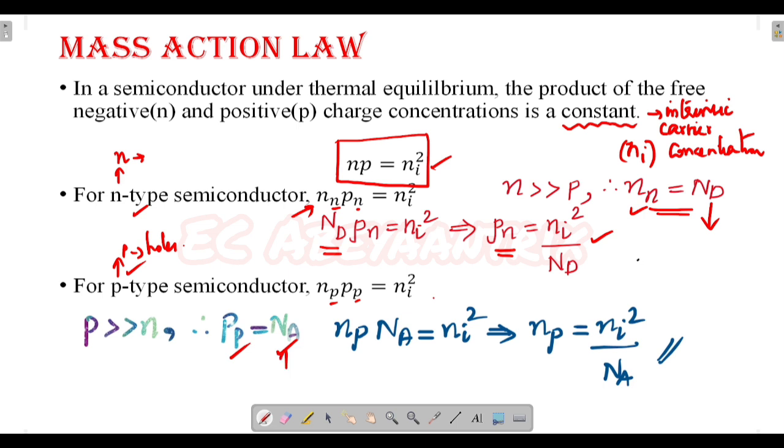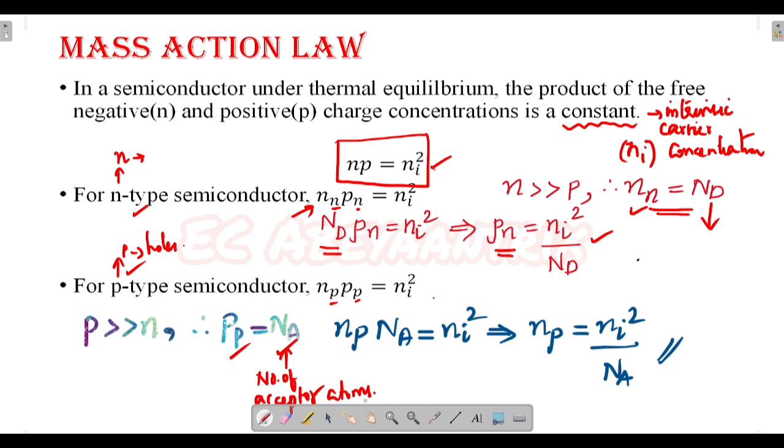Na refers to the number of acceptor atoms, because in a P-type semiconductor we add trivalent impurity atoms, which are group 3 elements of the periodic table. They are called acceptor atoms because they create holes.